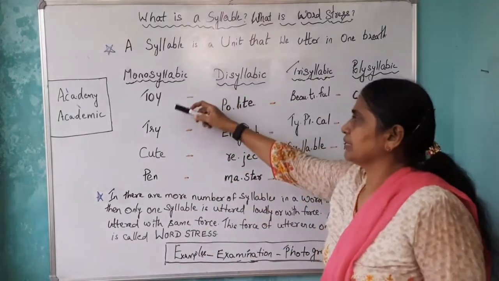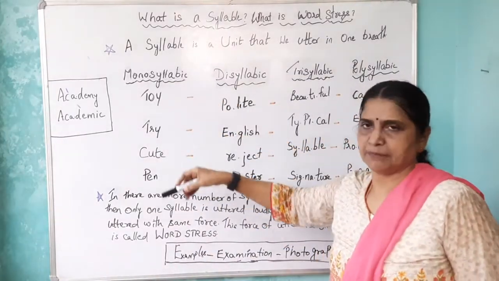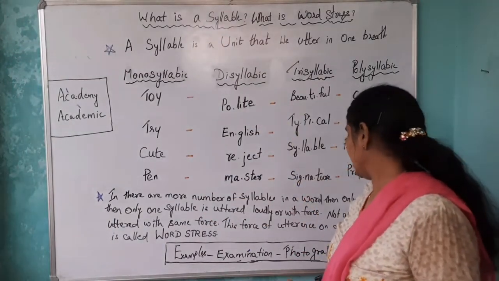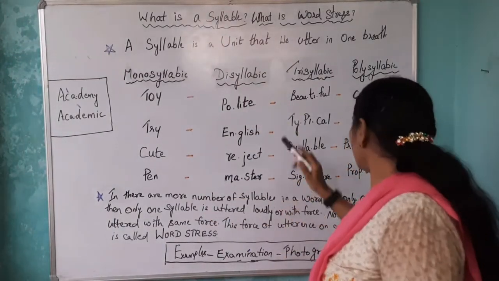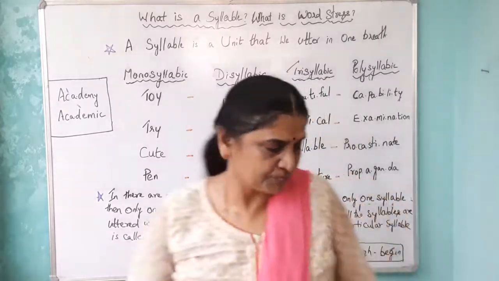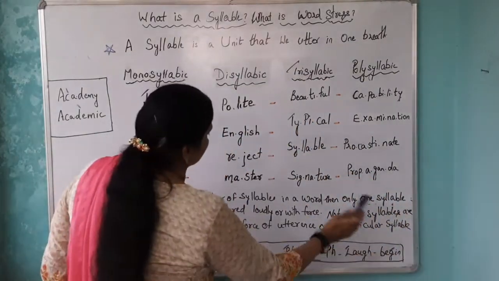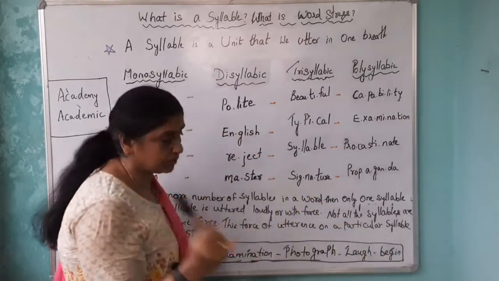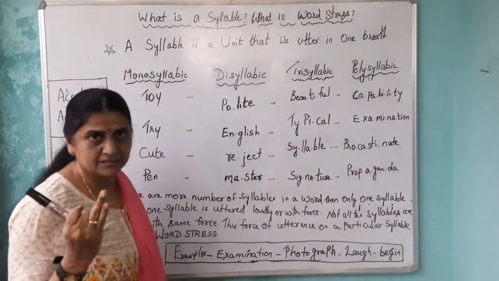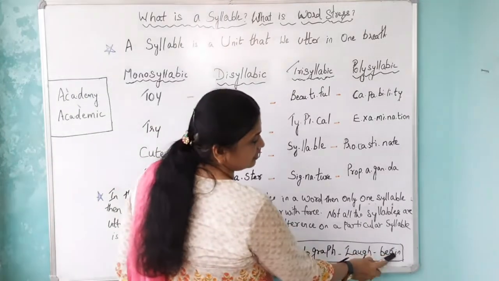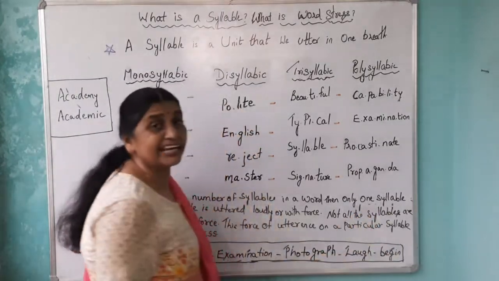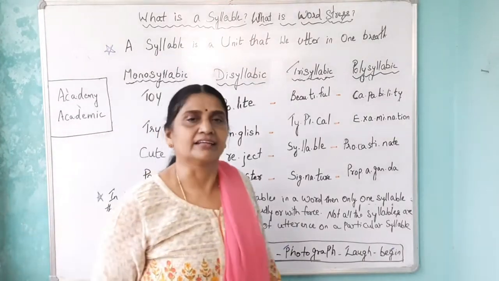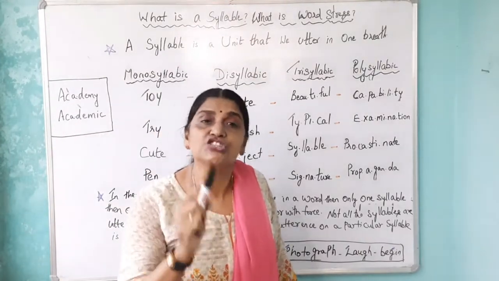Now when you take disyllabic words, for example, you take the word begin. Be, one syllable. Gin, second syllable. So now the stress is on the second syllable. Begin. You don't say begin, no. Begin. So the second syllable you are stressing.